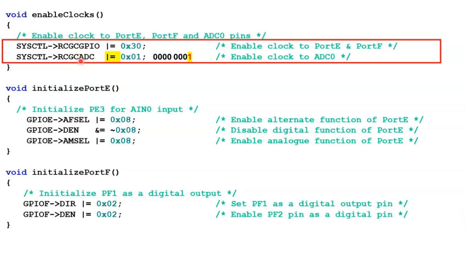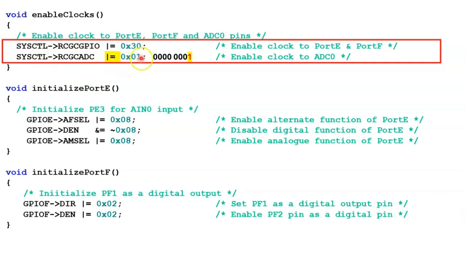There are only two modules, ADC 0 and ADC 1. This is the bitwise OR operation, with this value, performed on the current value of this register.